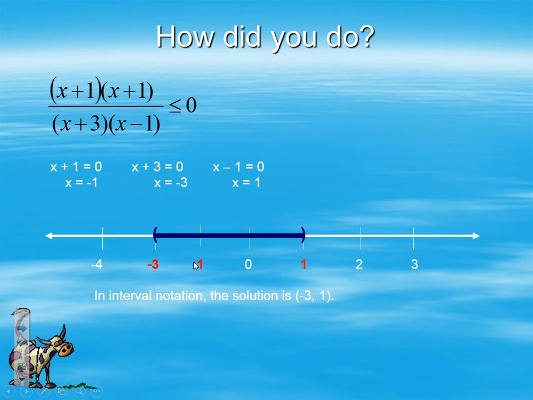I picked a value in the region between -3 and -1, substituted it in, and found that it was true. Picked the value in this region from -1 to 1, substituted it in, and found out that it was true as well. Then I tested my critical values to see if I needed brackets or parentheses.